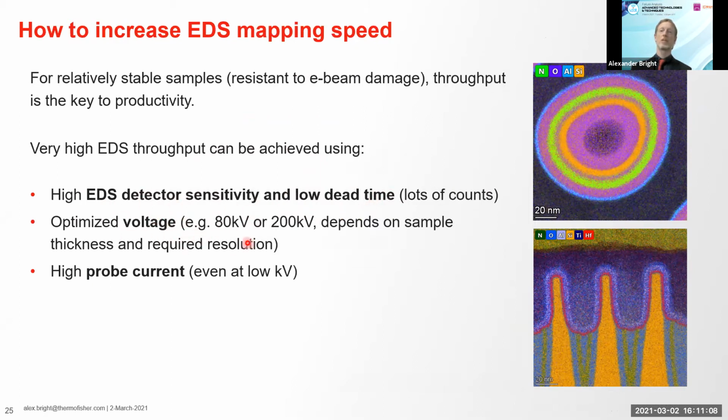Optimizing the voltage, often using low voltage, is very helpful for increasing the EDS count rate, and being able to generate high probe current at your desired spatial resolution, even at low kV. So with this combination, we can often get a lot of EDS counts and a lot of EDS data in a short time, even looking over a wide area.